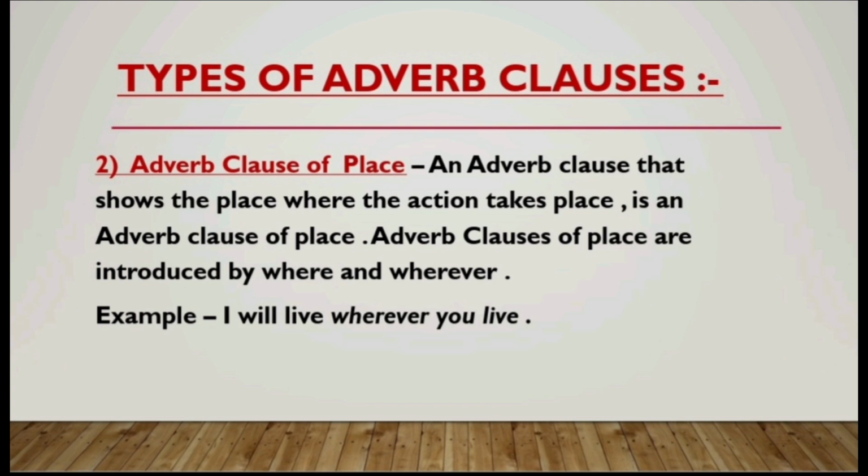This subordinate adverb clause tells where I will live, wherever you live. So that is an adverb clause of place, and this wherever is telling the place where the person will live.